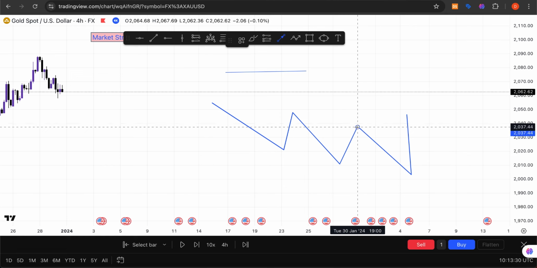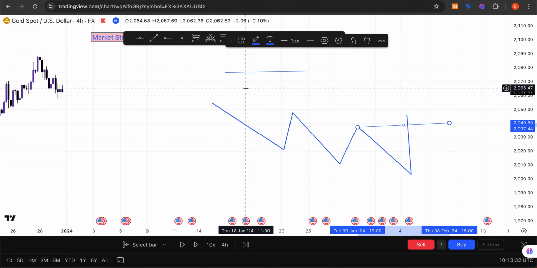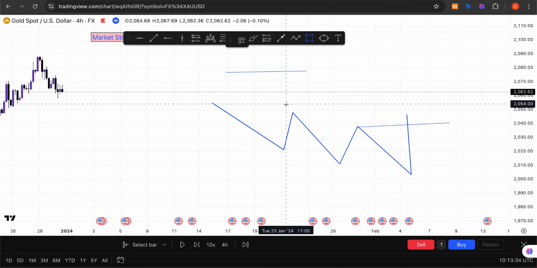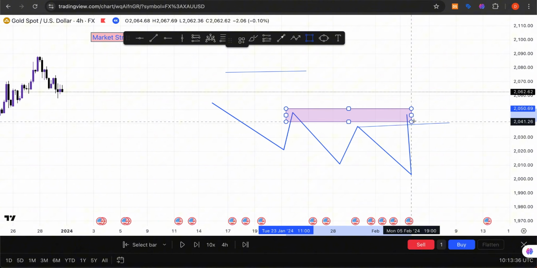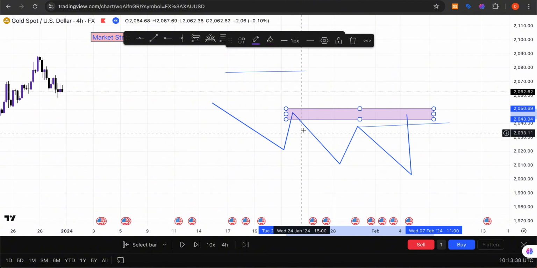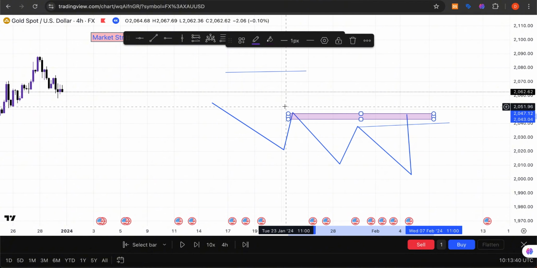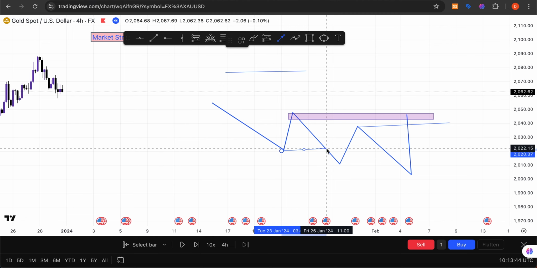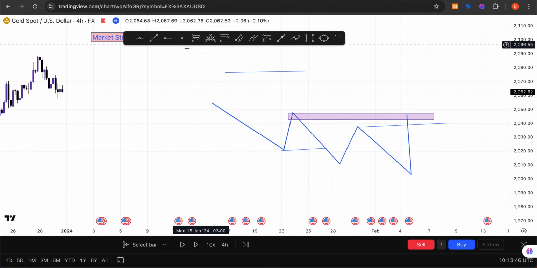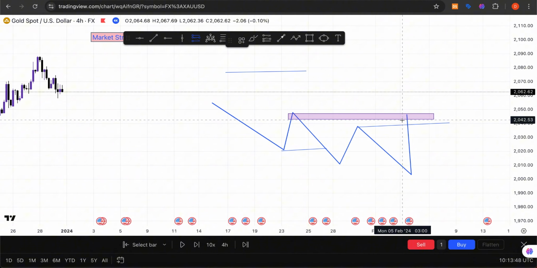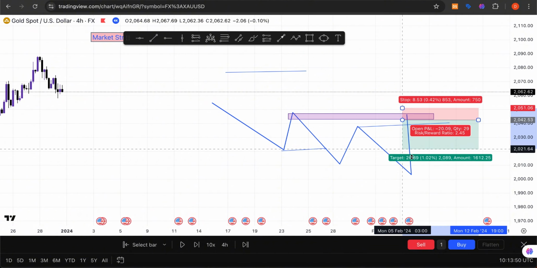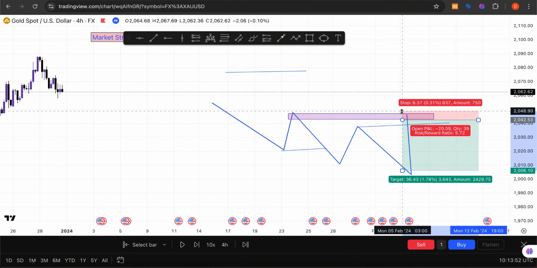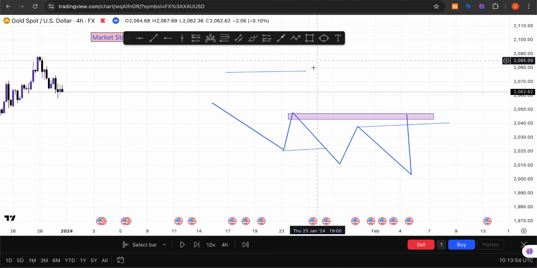Don't mind how I draw it. Structural liquidity, that block, that block. Then break of structure. Then our sell trade. So that is the strategy we are going to be testing.